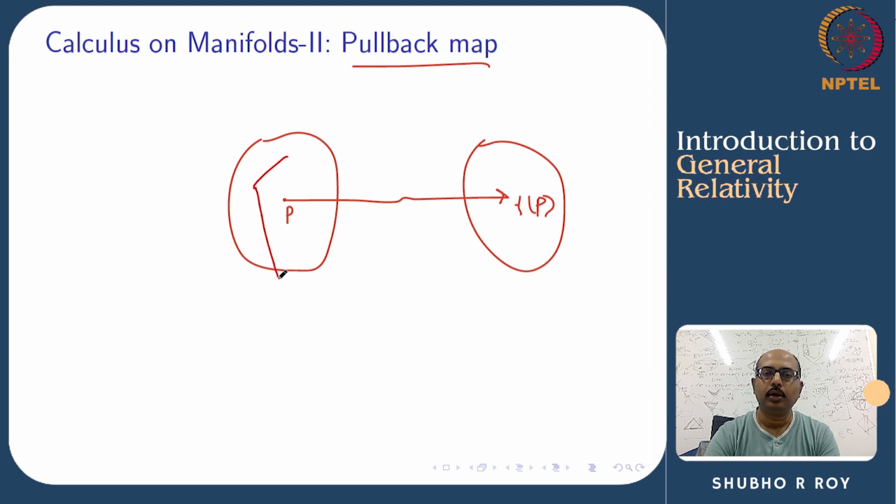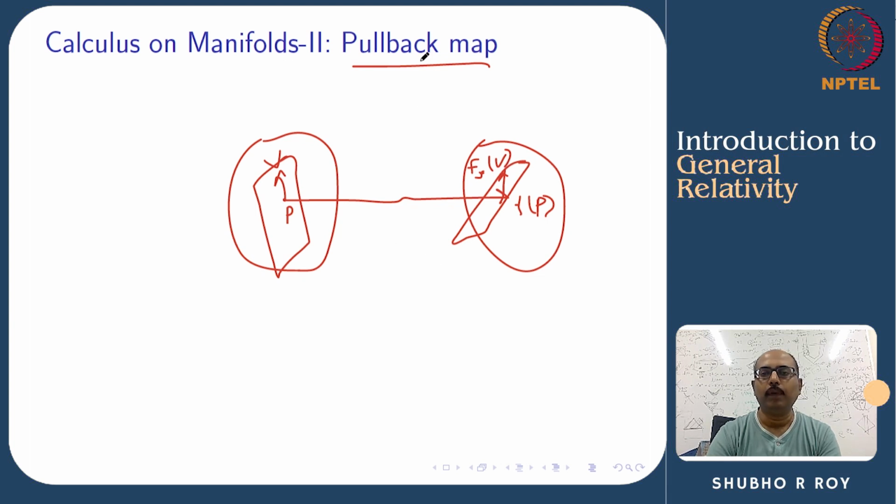And then the push forward map takes an element of the tangent space at p and maps it to some element of the tangent space at f(p). So if this is v, then its image under the push forward map is given by f star downstairs, applied to v.